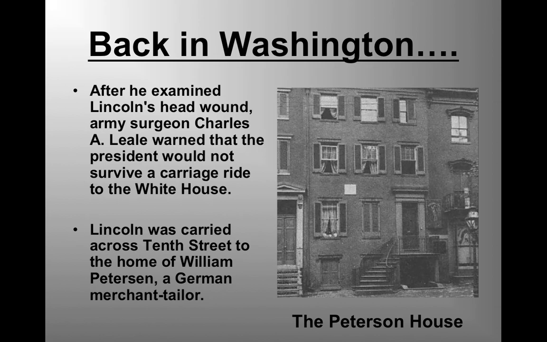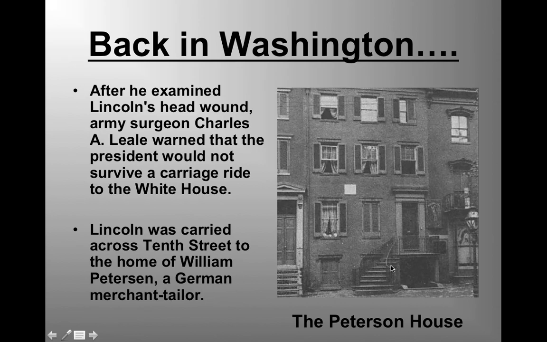Back in Washington, D.C., after he examined Lincoln's head wound, the Army surgeon that was first on scene, a man named Charles Leale, warned that the president would not survive a carriage ride back to the White House. So, to get Abraham Lincoln out of Ford's Theater, they carried him across the street to 10th Street to the home of a German merchant tailor named William Peterson.